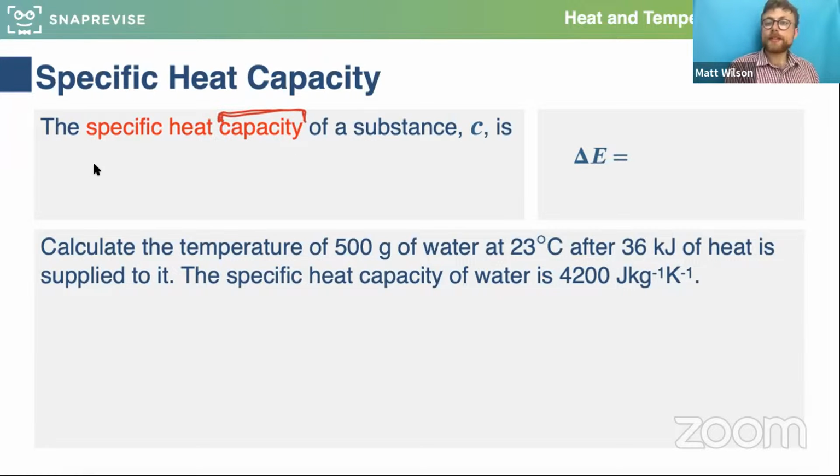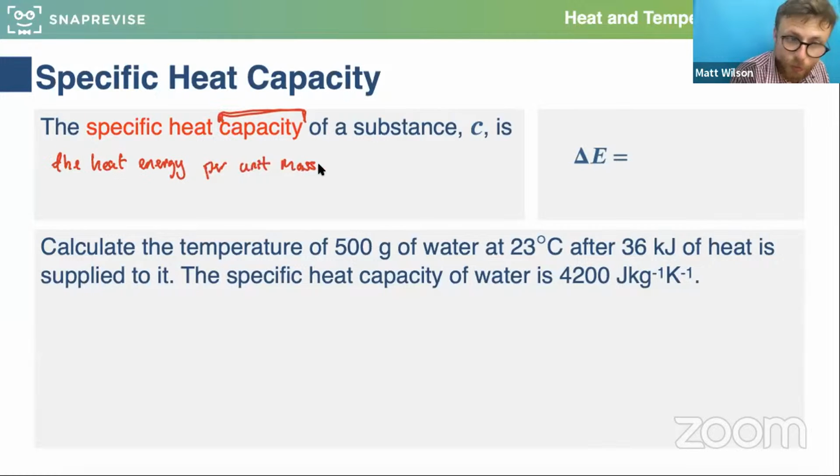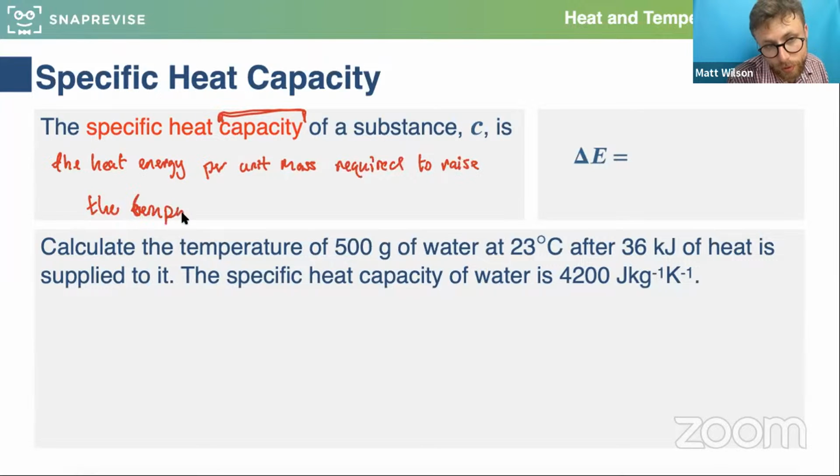So the specific heat capacity of a substance, C, is defined to be the heat energy per unit mass required to raise the temperature by 1 degree.